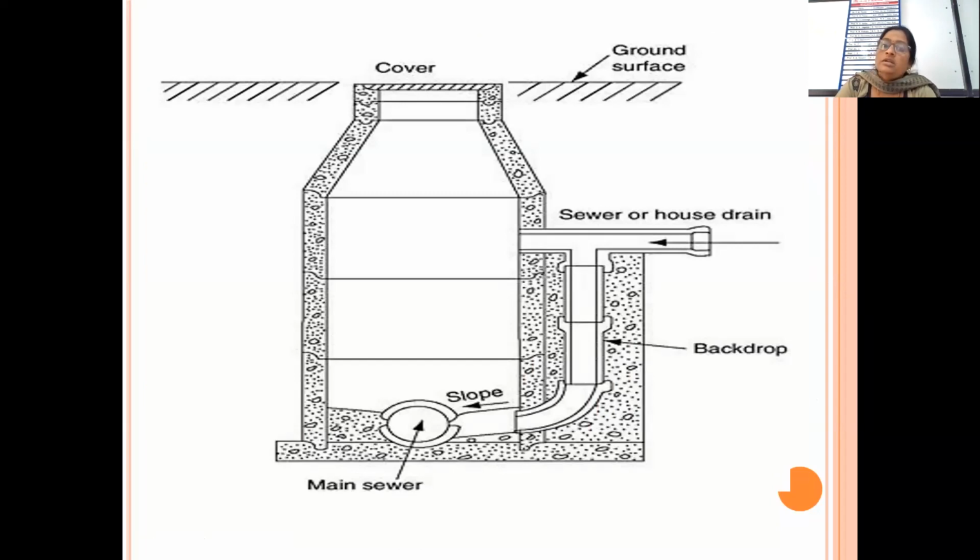Drop manhole. I taught that point to you the day before yesterday, sorry. A drop manhole can be constructed in this manner. I think you have drawn the earlier figure, so just have a look at this.